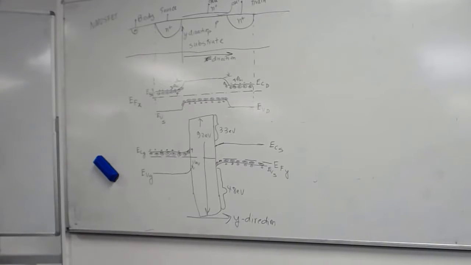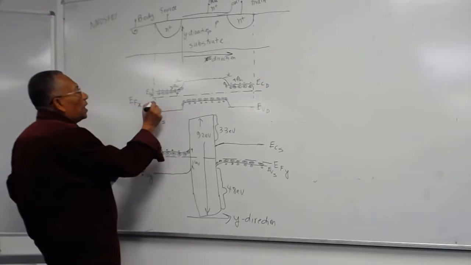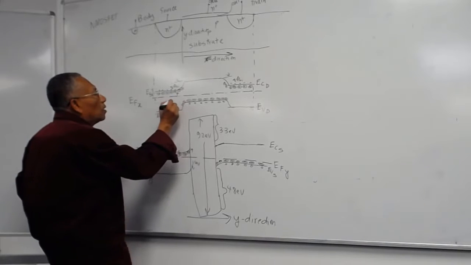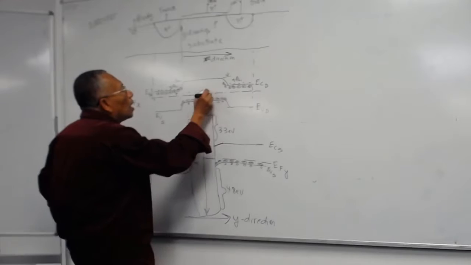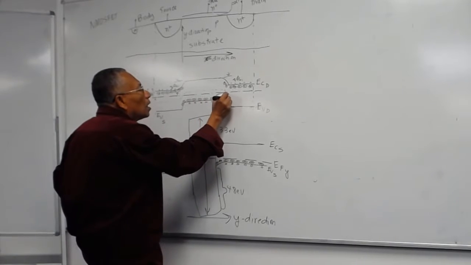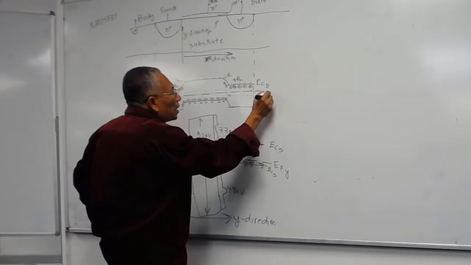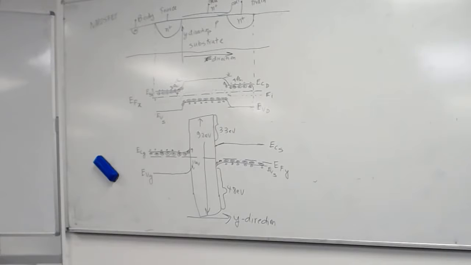And if you remember, there was a line that goes through the middle of the energy band, which is called EI. You can always draw the EI if you want. This is EI, the Fermi energy level if there was no doping at all.